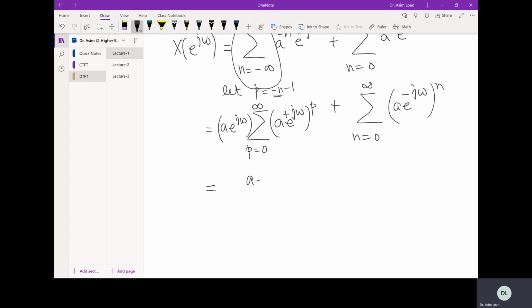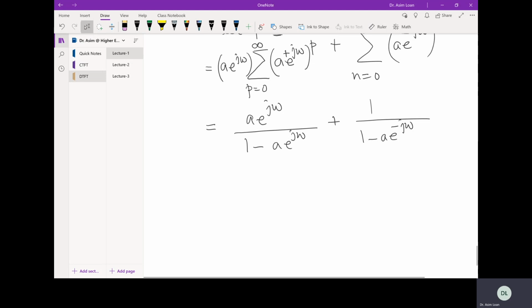So this is A e j omega over 1 minus A e j omega, both are geometric series, plus 1 over 1 minus A e minus j omega. This one is a conjugate of this one.